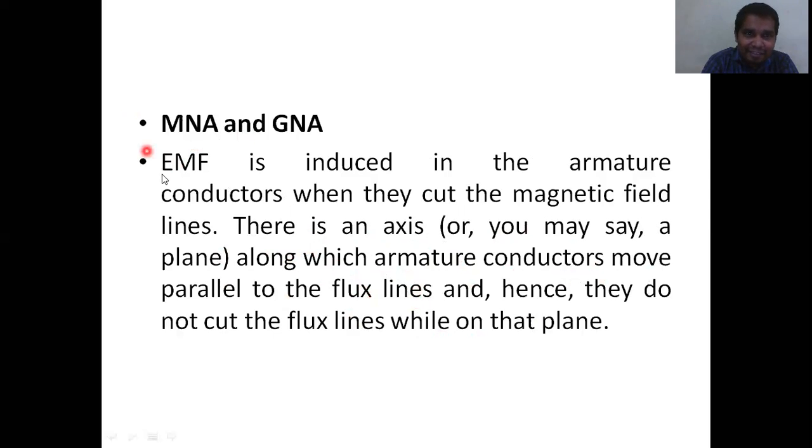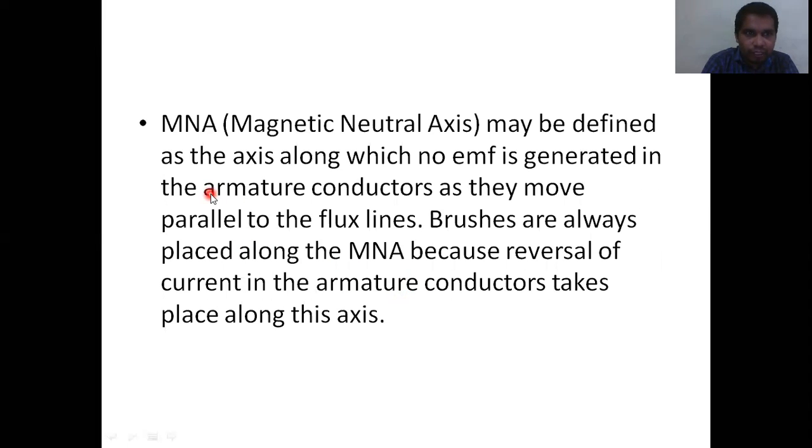So MNA is the axis along which armature conductors move parallel to the flux lines, so they do not cut the flux lines on that plane. That is, whenever the armature conductors are in the MNA, which is the magnetic neutral axis, no EMF is induced. We call it the magnetic neutral axis because that axis is parallel to the flux lines.